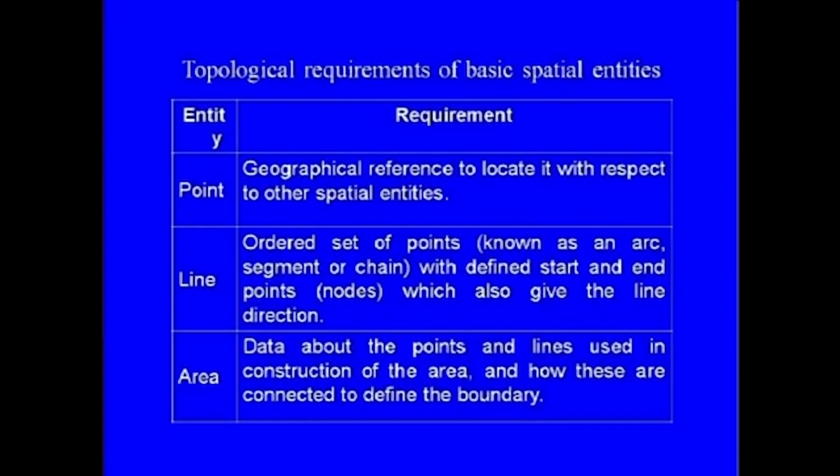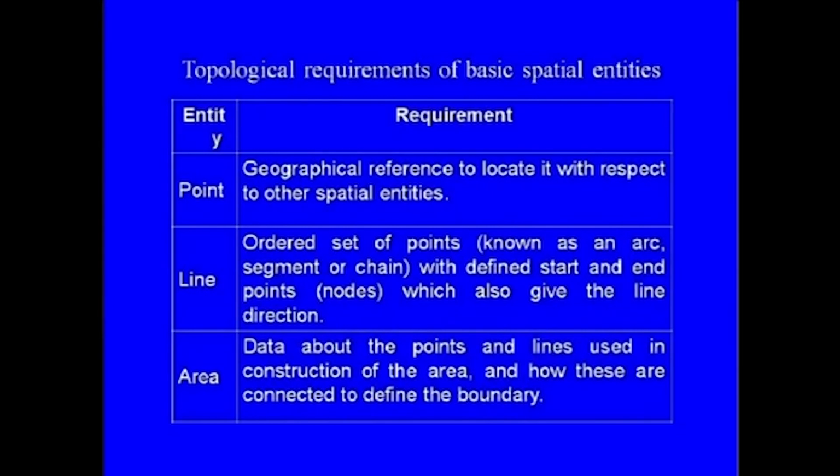So, let us look at the topological requirements of basic spatial entities. For a point entity, the requirement is a geographical reference to locate it with respect to other spatial entities.